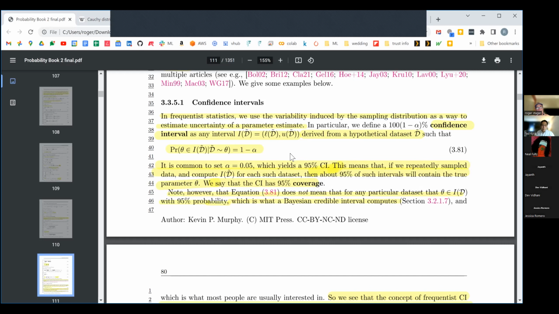Yeah, so essentially, if you were to take several samples and calculate a confidence interval many, many times, then 95% of the time, your intervals would hold the true fixed parameter theta, because theta is an unknown but fixed number. It's not a variable like it is in the Bayesian credible interval. Okay. That was nicely said.